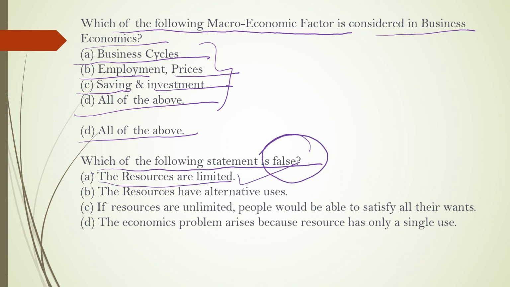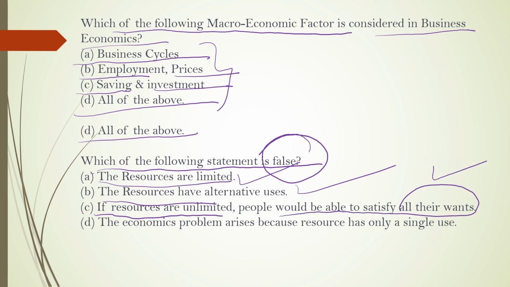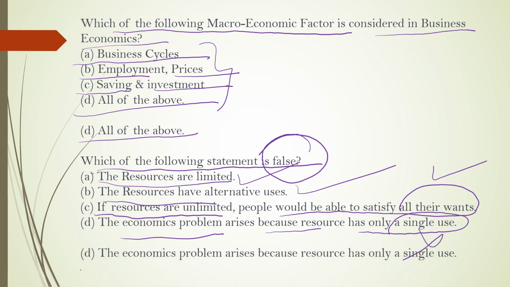Resources are limited, correct. Resources have alternative uses, that is also correct. If resources are unlimited, people would be able to satisfy all their wants, that is also correct. Economic problem arises because resources have only one use? No, this is not correct. The false statement is that economic problems arise because resources have only a single use.